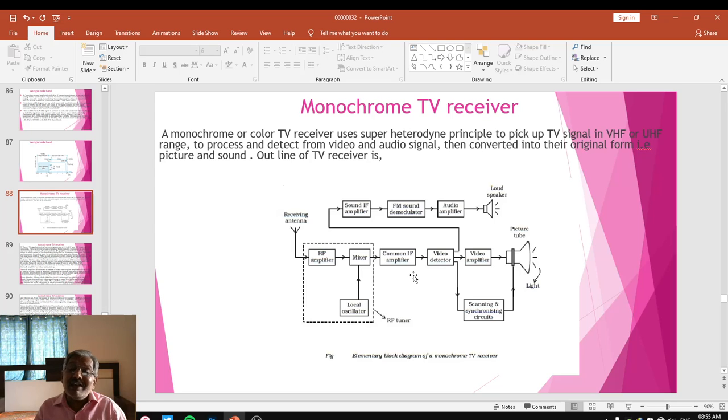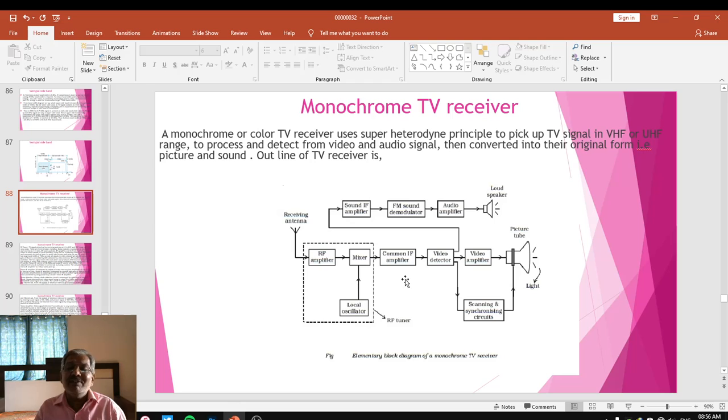To keep their individual identity, this process has been adopted in this particular IF amplifier. For that purpose, the gain of the IF amplifier and the gain of the RF amplifier are also automatically controlled by using an automatic gain control unit. Thus, here the bifurcation of audio and video signal starts.